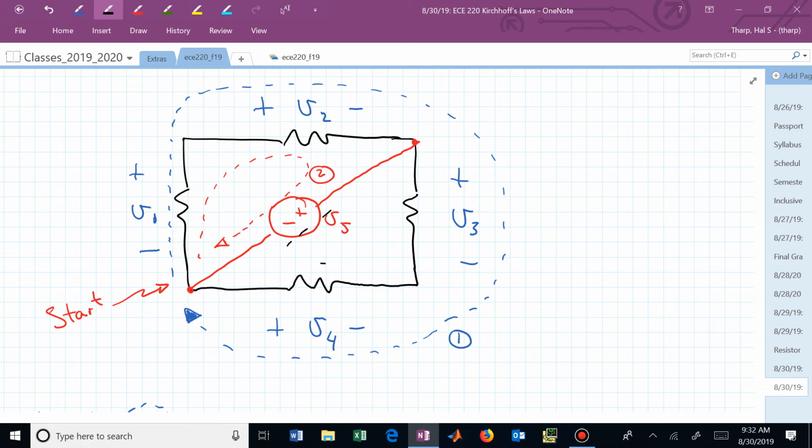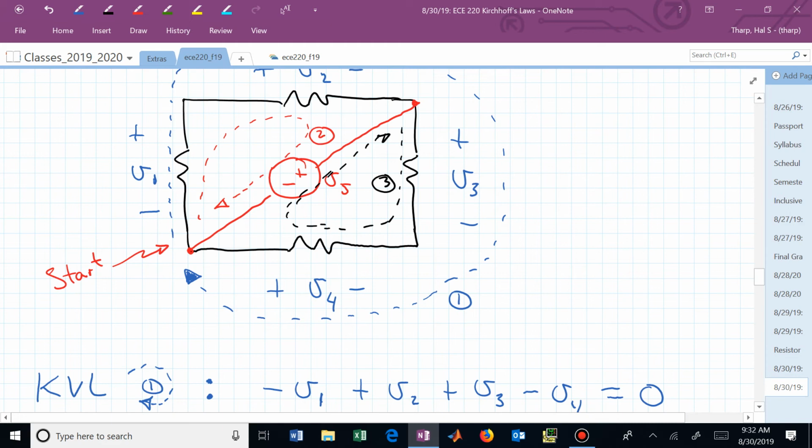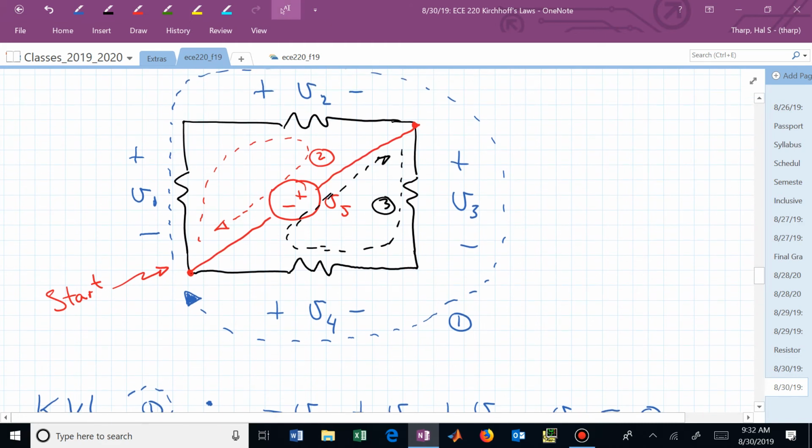But suppose that we continue clockwise, but now we start here. Is that variation enough? Now I'm starting in the upper right and progressing. How would I write my equation now?